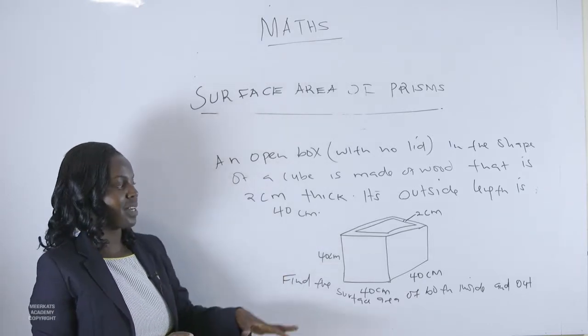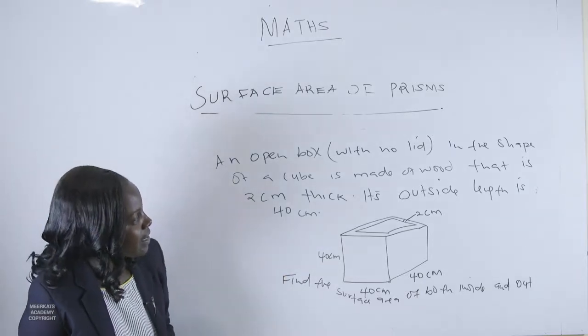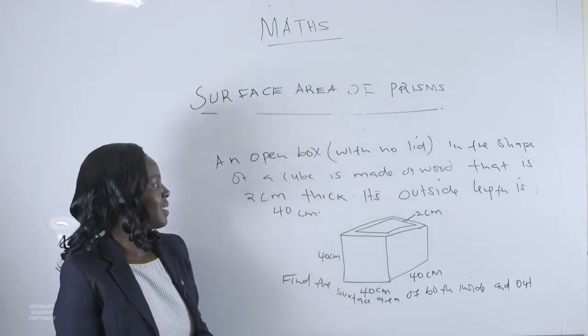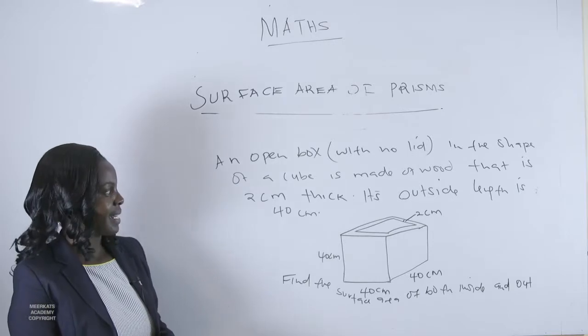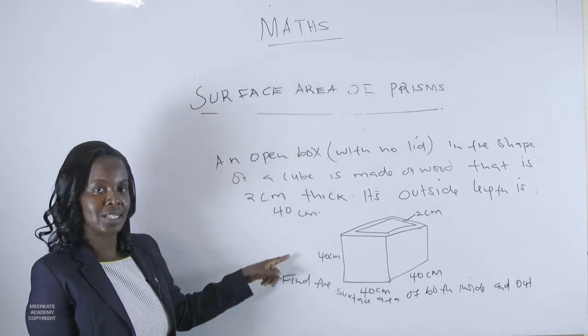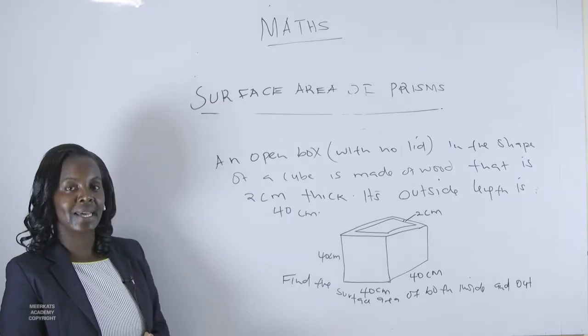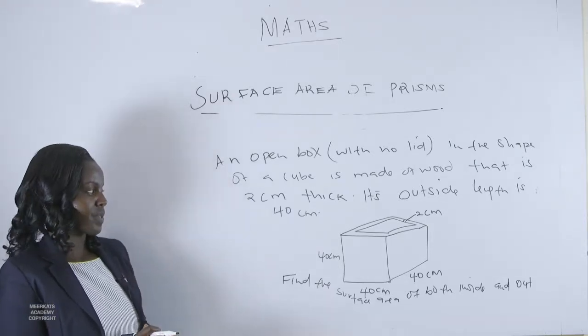That is, the box does not have a lid. In the shape of a cube, it is made of wood that is 2 centimeters thick. Its outside length is 40 centimeters. Find the surface area of both inside and out.